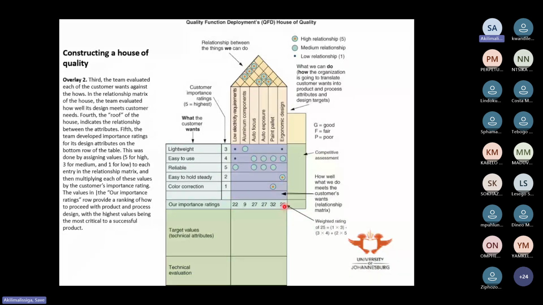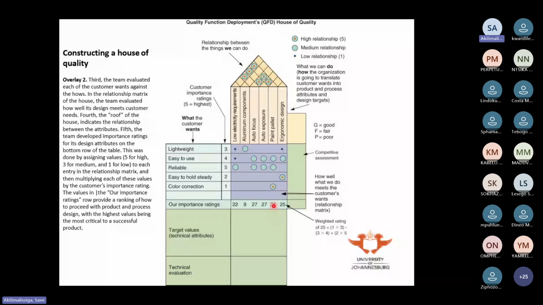The highest number is going to be the critical point whereby most resources should be allocated to that specific element, probably in terms of getting the equipment, the raw materials and things like that, right?